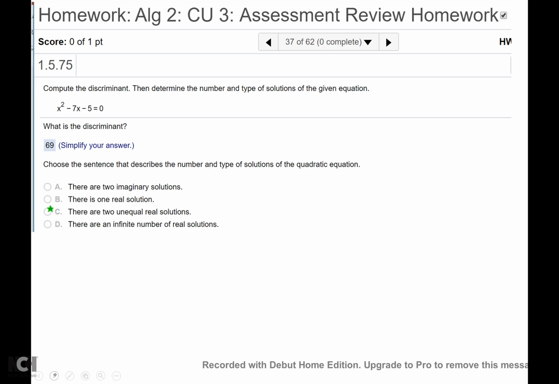Compute the discriminant, then determine the number and type of solutions of the given equation. Your discriminant is just b squared minus 4ac. And in my problem, a is 1, b is -7, c is -5.